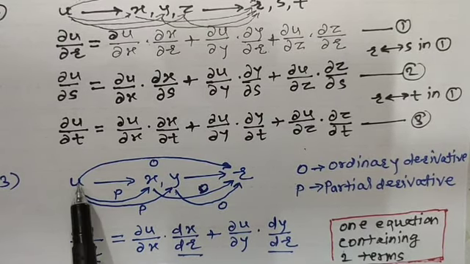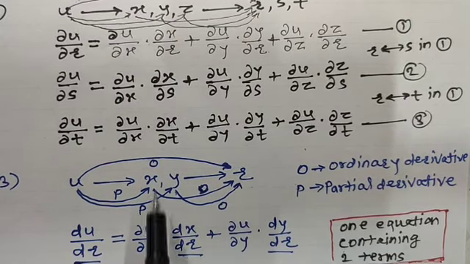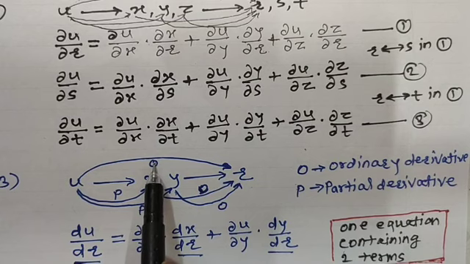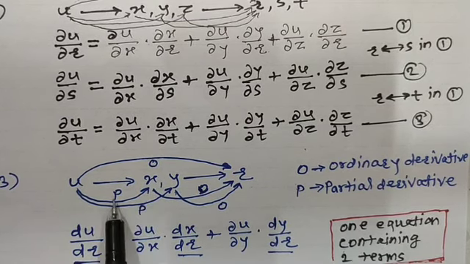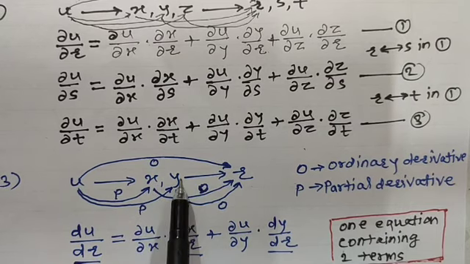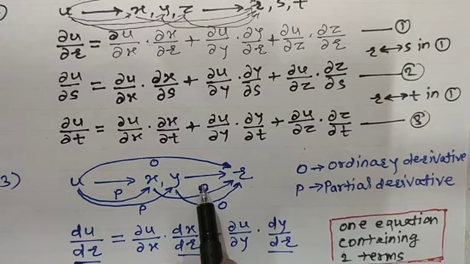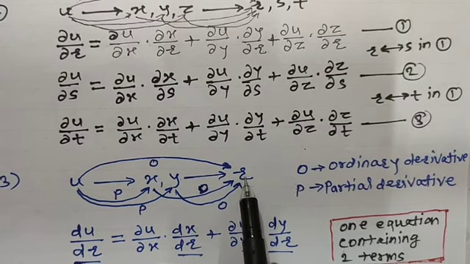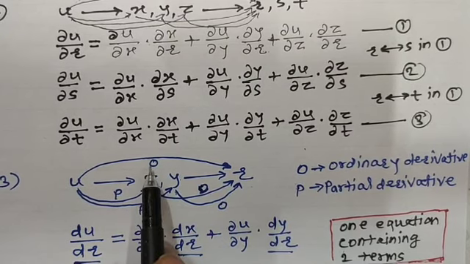The derivative of u with respect to r will be ordinary, since this is a single independent variable. The derivative of u with respect to x will be partial because there are 2 variables. The derivative of x with respect to r will be ordinary because there is a single independent variable.